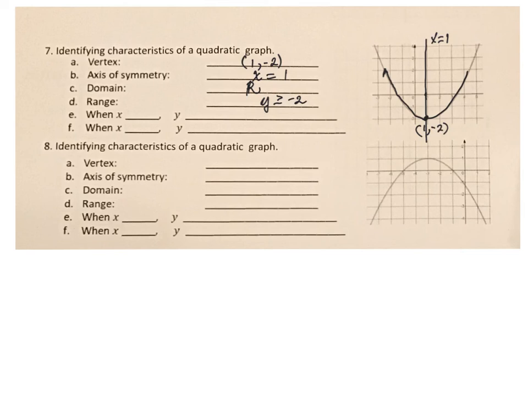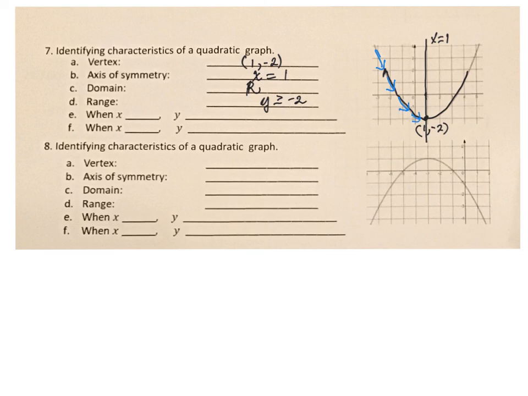Now let's look at the function at the axis of symmetry. The line x equals 1 divides the parabola in half. So we see that if we trace the graph going from left to the point x equals 1, the parabola is decreasing, it's going down.